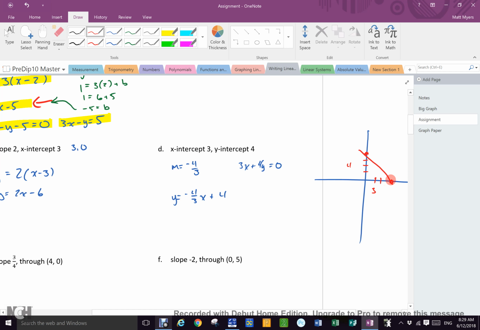So that point's x value is 3, so it would go here, and that would be 9, correct? And that's 0, 4, so that's a y value of 4. So 9 plus 16 equals 0, does it? Does 9 plus 16 equal 0? No. Right?